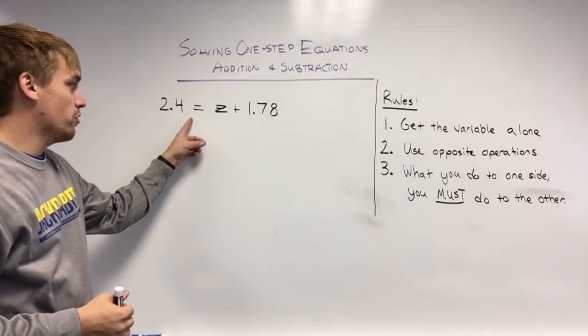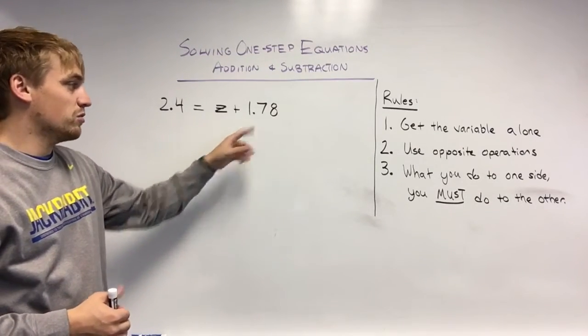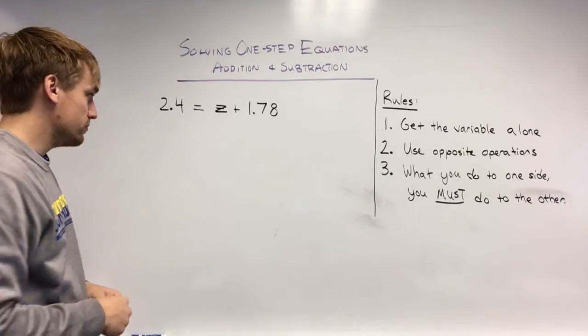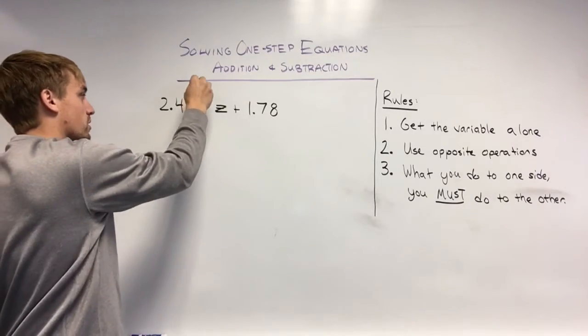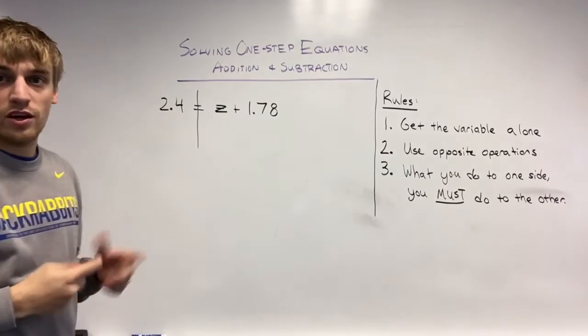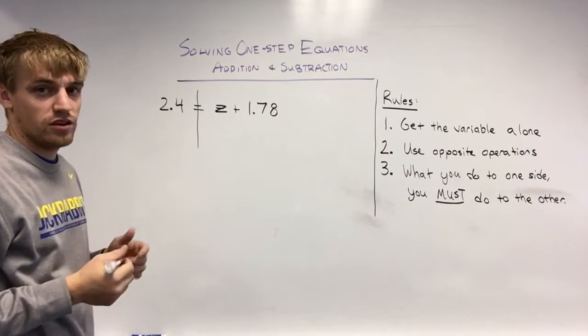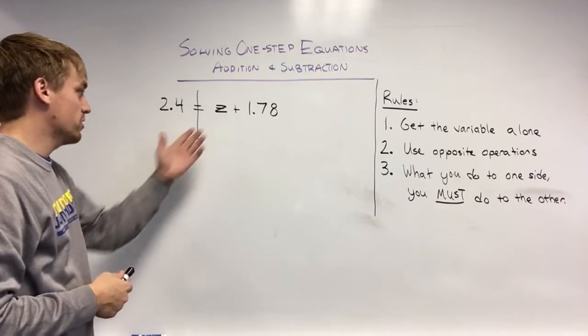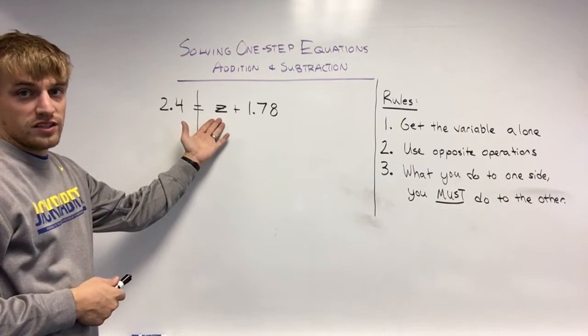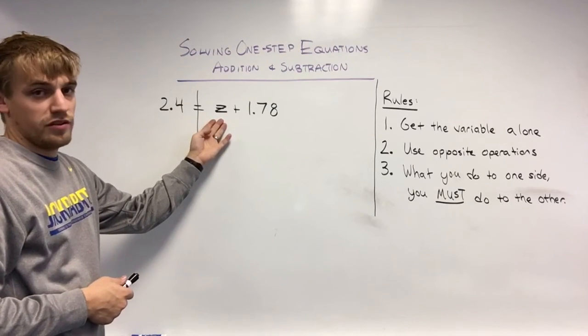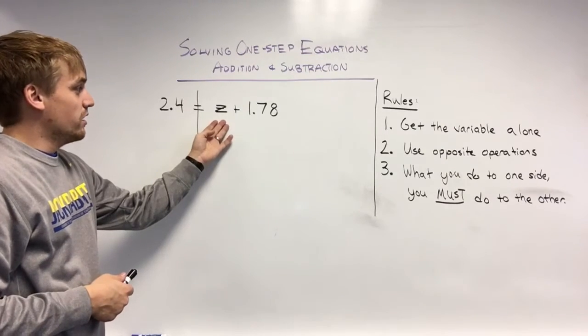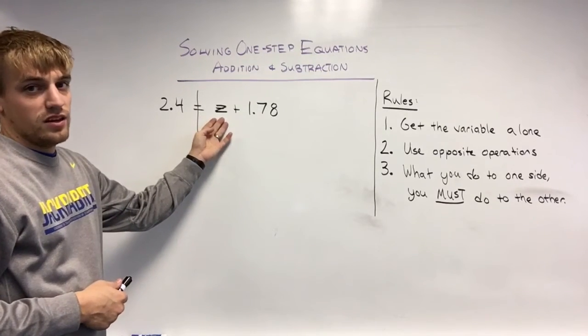So we have 2.4 equals z plus 1.78. Well, we're going to split the equation in half at the equal sign and ask ourselves which side the variable is on. Well, this right side of the equation is where the variable is. The variable is z. And so we need to get z all by itself.